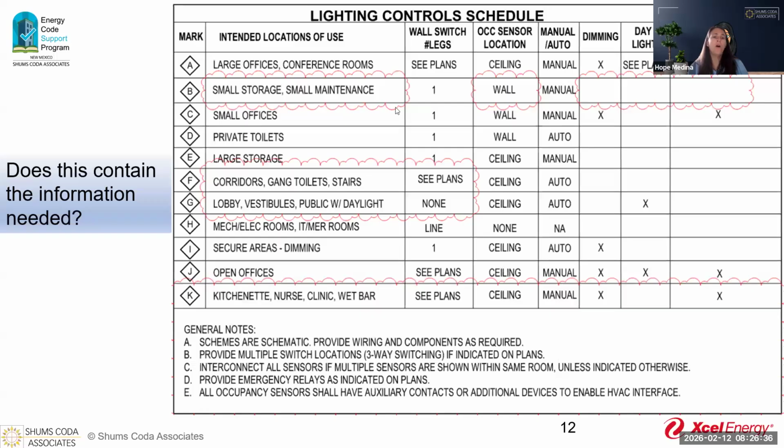Vestibules, ceiling. So all of these areas, except for the mechanical, electrical rooms, IT, I'm not sure what MER room is, but the areas that would be deemed health safety if the lights went off, are not having occupancy sensors.